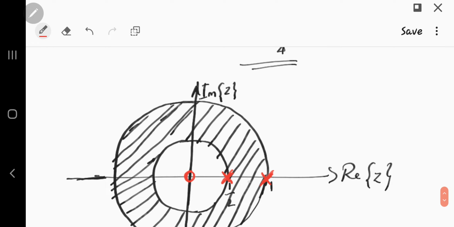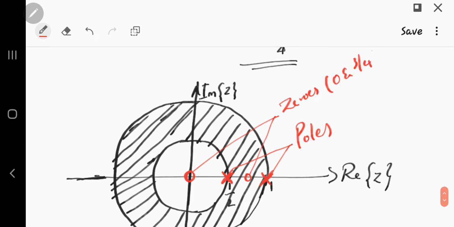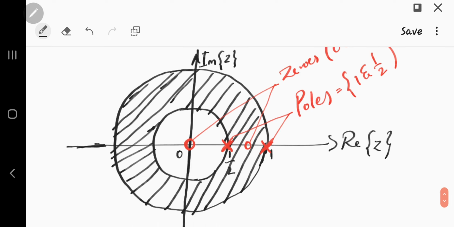So 3 by 4 is in between 1 by 2 and 1. So these two are poles, and these two are zeros, where 0 and 3 by 4, that is the location of that. Poles, where are they? 1 and 1 by 2. So this is the origin.